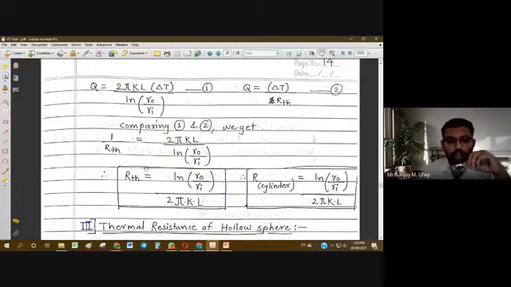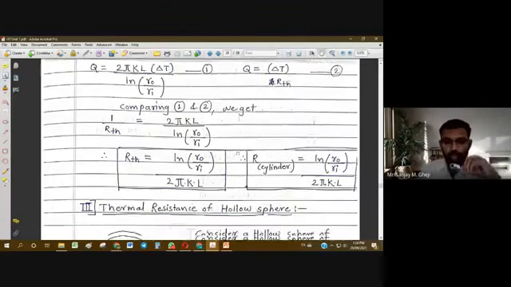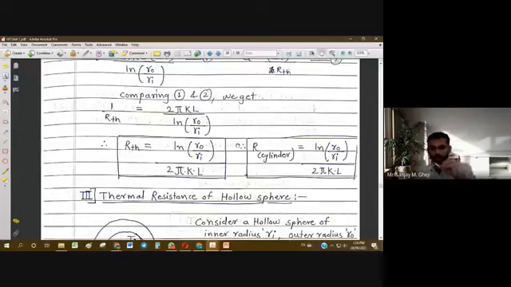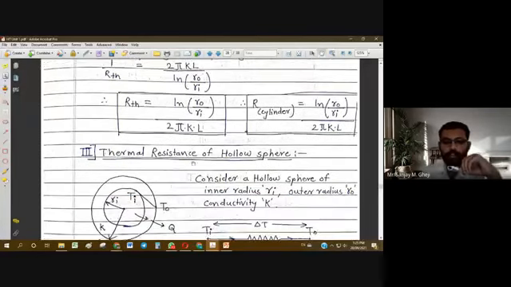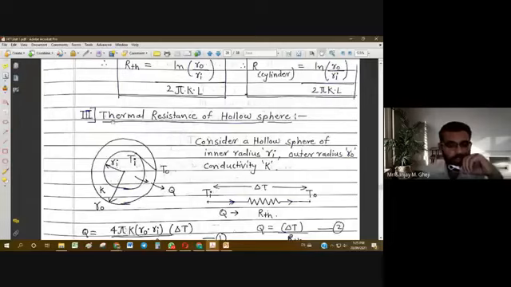So the thermal resistance for a hollow cylinder will be given by ln of Ro by Ri divided by 2 pi KL. All these resistance formulas you have to remember so that you can quickly use them whenever required while solving problems and during derivations.